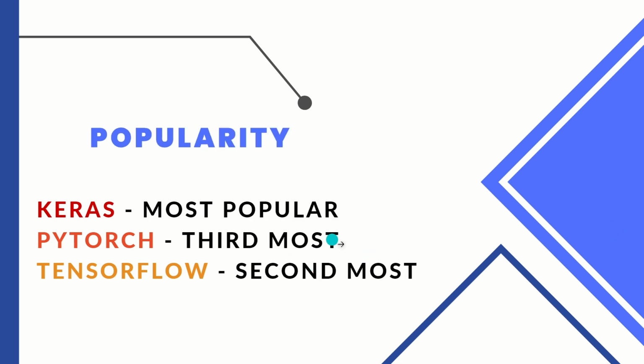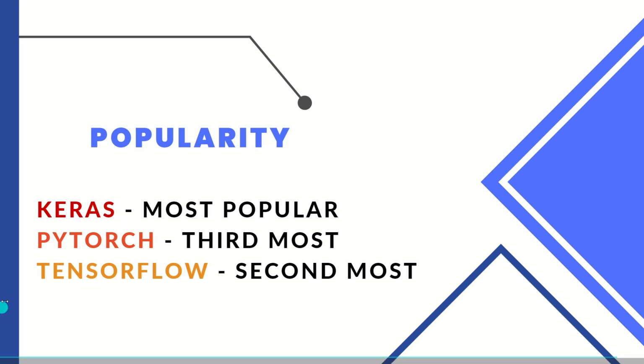Now popularity. So Keras is the most widely used and the most popular one as of now, and TensorFlow is the second most popular, and PyTorch is the third. Now it all depends upon what kind of functionality or feature you prefer the most. Sometimes people want speed, sometimes people want automated debugging where you do not have to spend much time debugging, or some people might want to debug it themselves because that's what they enjoy doing, or that's what they are probably good at or want to learn about.